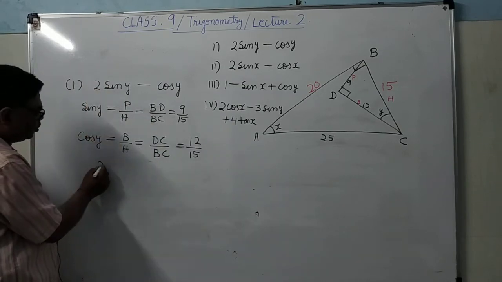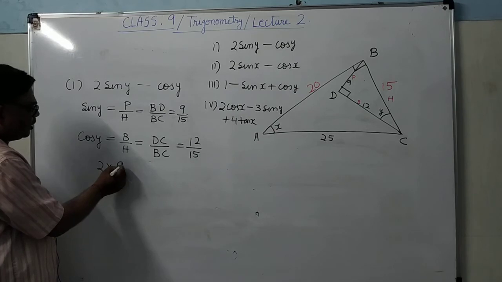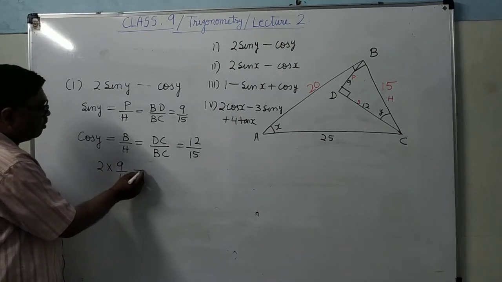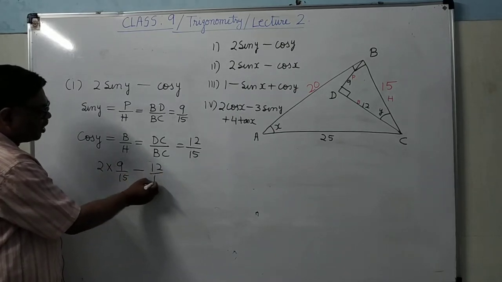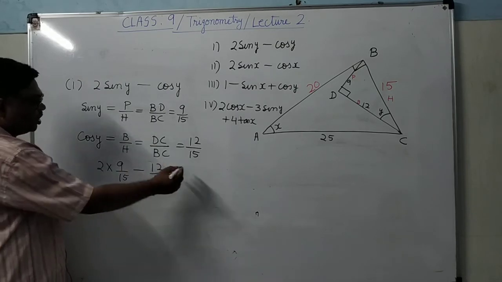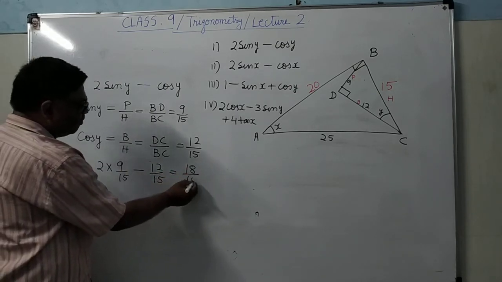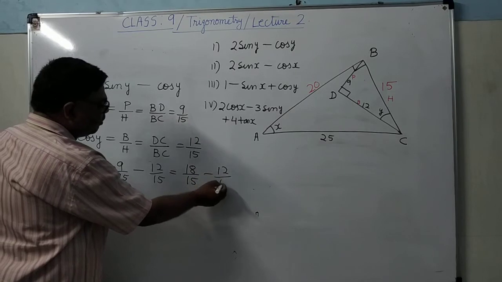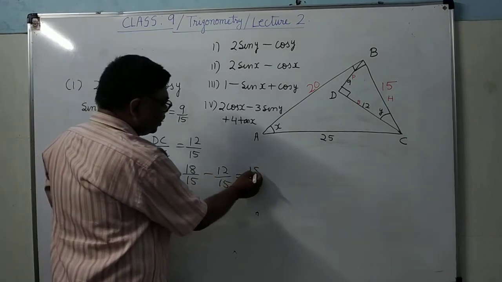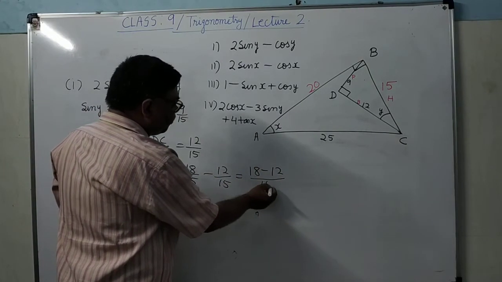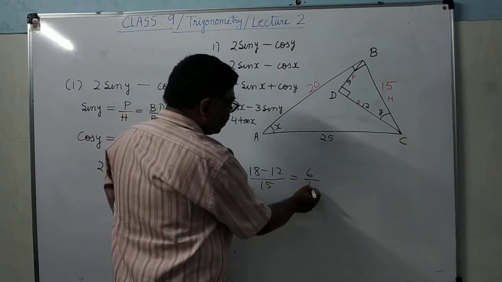So you substitute here 2 sin y, that is 9 upon 15, minus cos y, 12 upon 15. 2 nines are 18, minus 12 upon 15, so it is 6 upon 15.